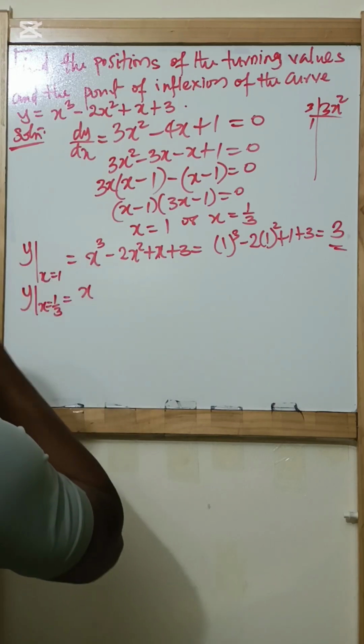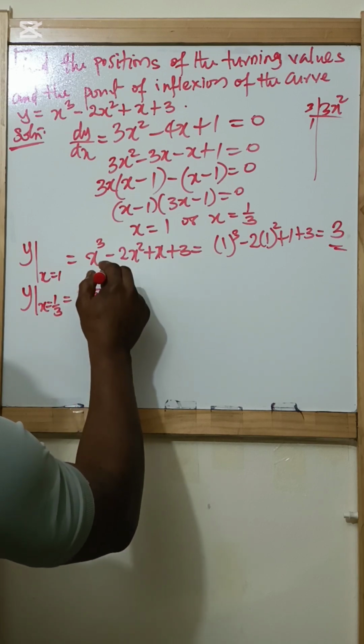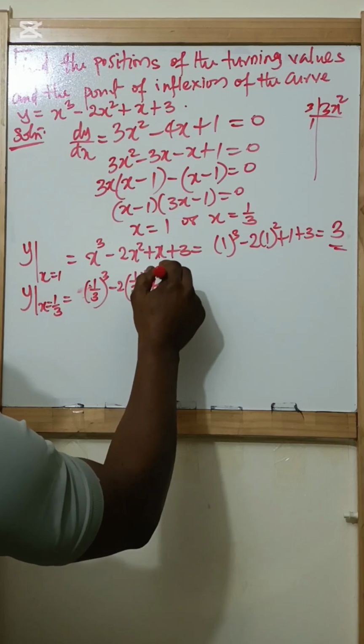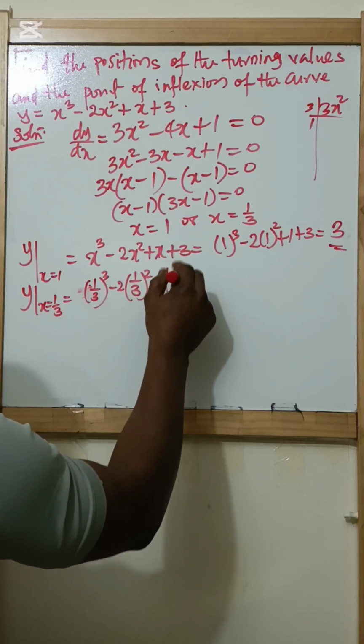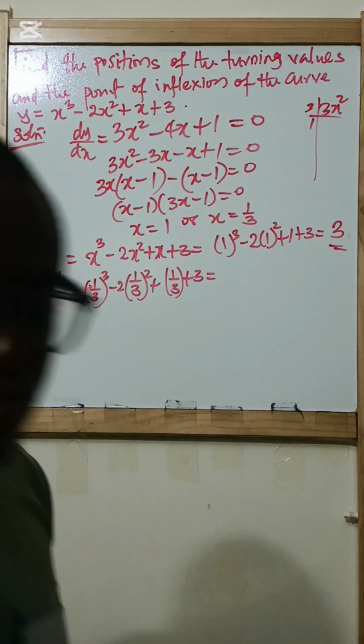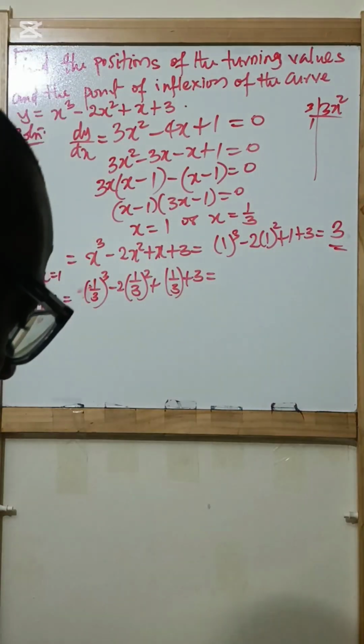Then the other one, y when x is equal to 1 over 3. That will be 1 over 3 raised to the power 3, minus 2 into 1 over 3 squared, plus 1 over 3, plus 3. I don't want to waste our time, so let's just put that on the calculator.